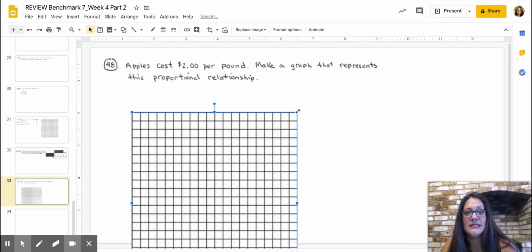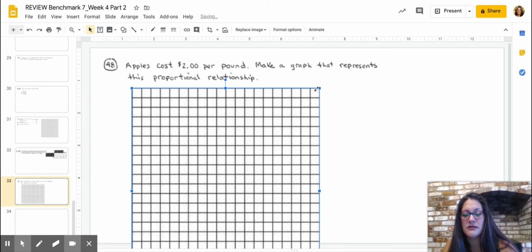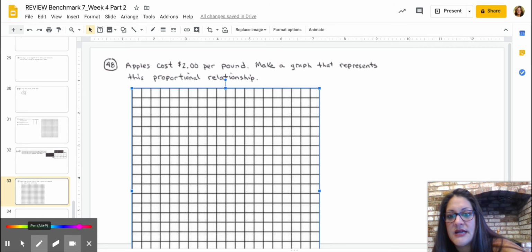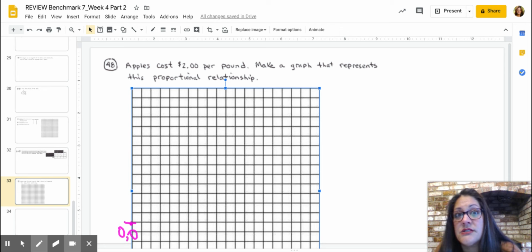Okay, so we're going to start at the origin because for $0, we can buy 0 pounds. So let's make that right here, 0, 0. Okay, there's our point.